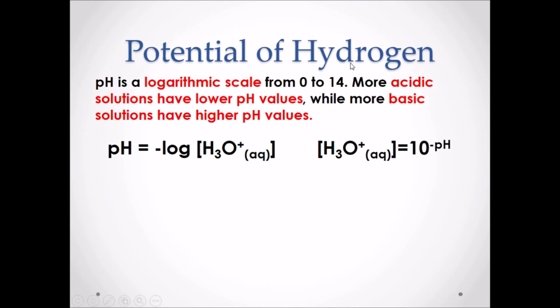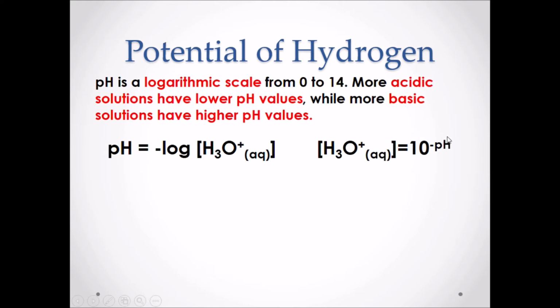The potential of hydrogen. pH is a logarithmic scale from 0 to 14. More acidic solutions have lower pH values, while more basic solutions have higher pH values.